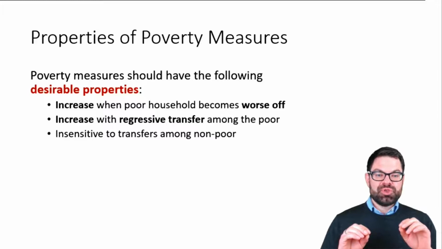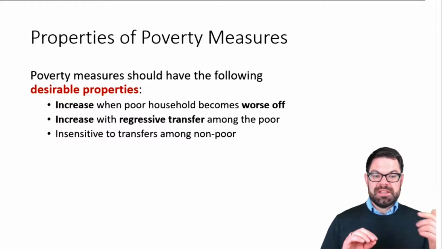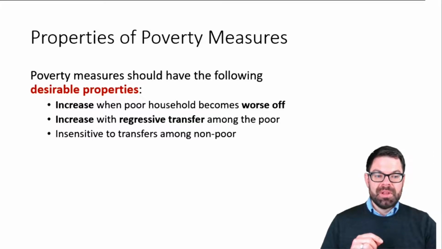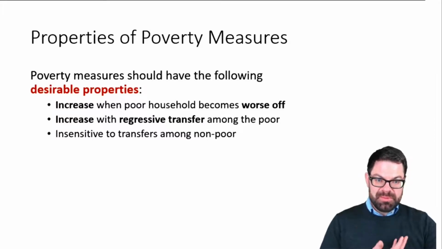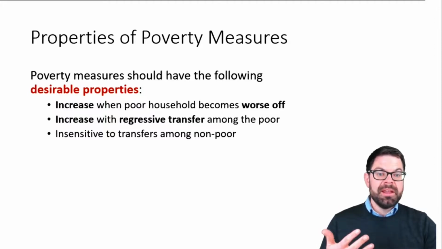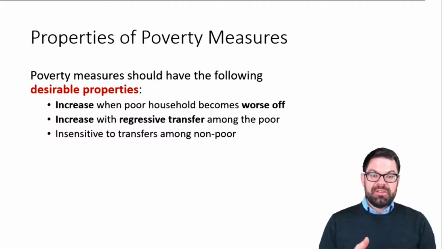And it should be at the same time insensitive to transfers among the people above the poverty line, as long as the transfer doesn't push anyone below it. And some poverty measures that we even see reported by the likes of the World Bank, the UN, fulfill that and others don't.